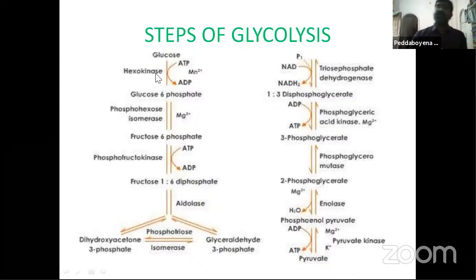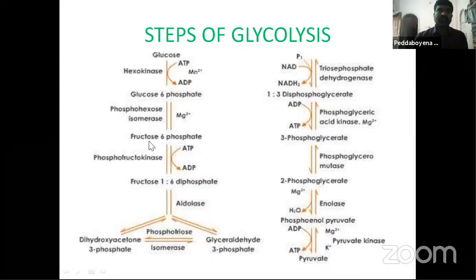Next step: the glucose 6 phosphate is again isomerized into fructose 6 phosphate. Here also six carbons, the carbons are similar, but only the structure is changed.